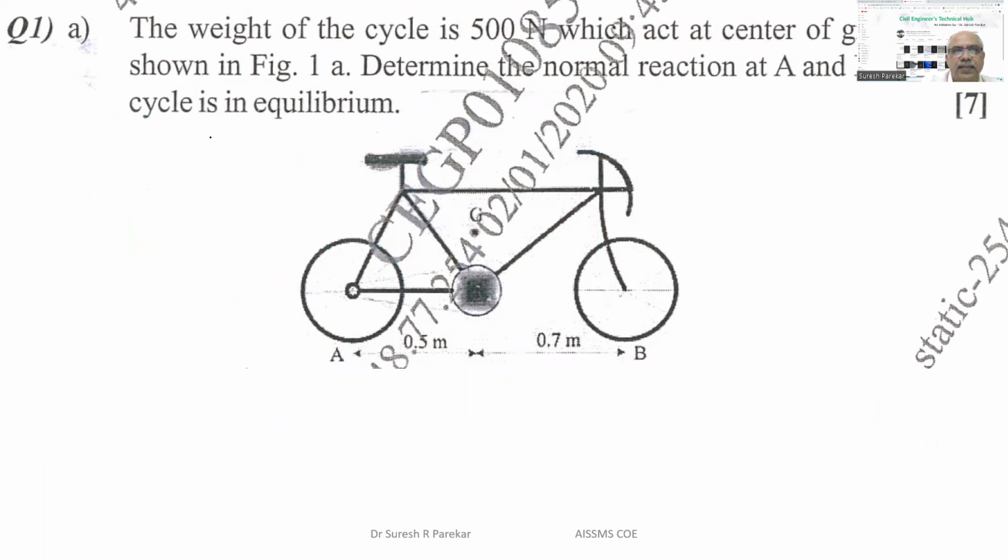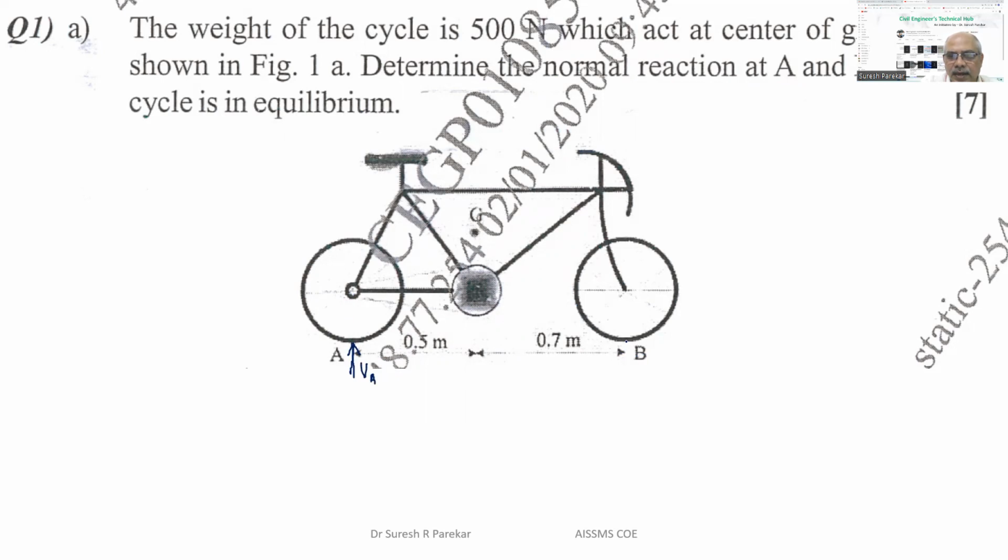Now you can see the problem is given. The weight of the cycle is 500 Newton, which acts at the center of gravity G, as shown in the figure. Determine the normal reaction at A and B when the cycle is in equilibrium. So now we have this diagram, and you can see we have a reaction at A, which I can say VA.